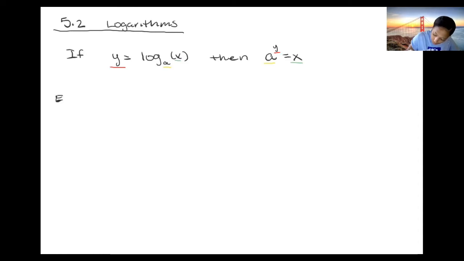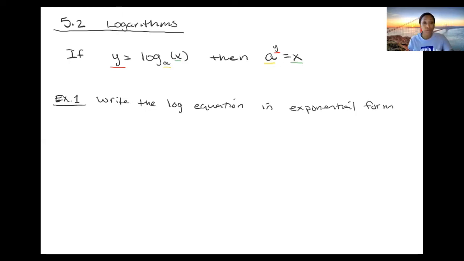All right, so example 1, we want to write the log equations in exponential form. And we'll do 3 of these. The first one, we'll do log base 4 of 64 equals 3.